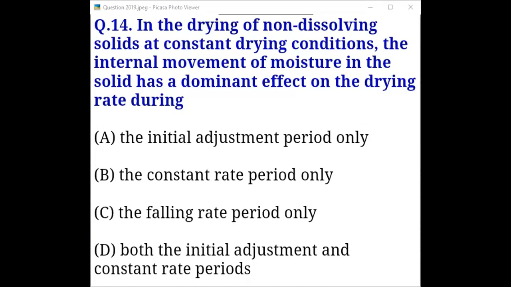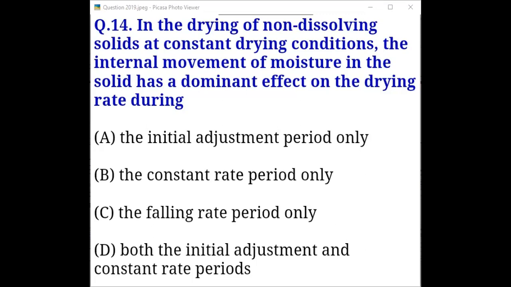Very good. Okay. All answers are correct. Jai. Very good. Jai Ginoya. Very good. Jai Mehta. Very good. All answers are correct. You are absolutely right.